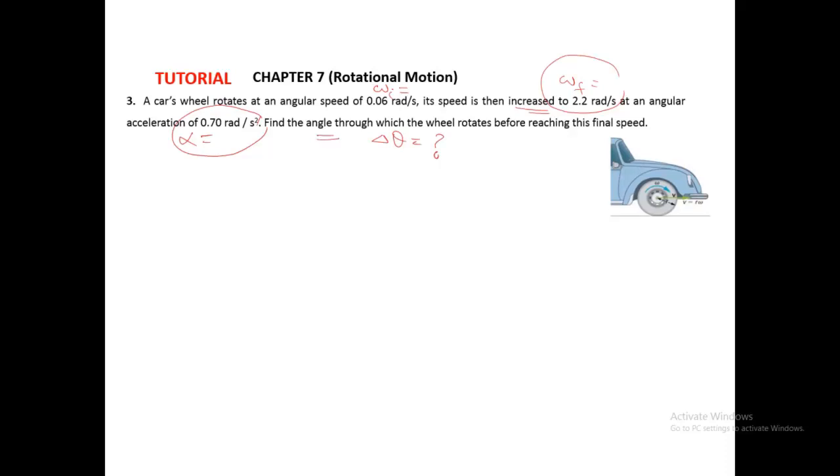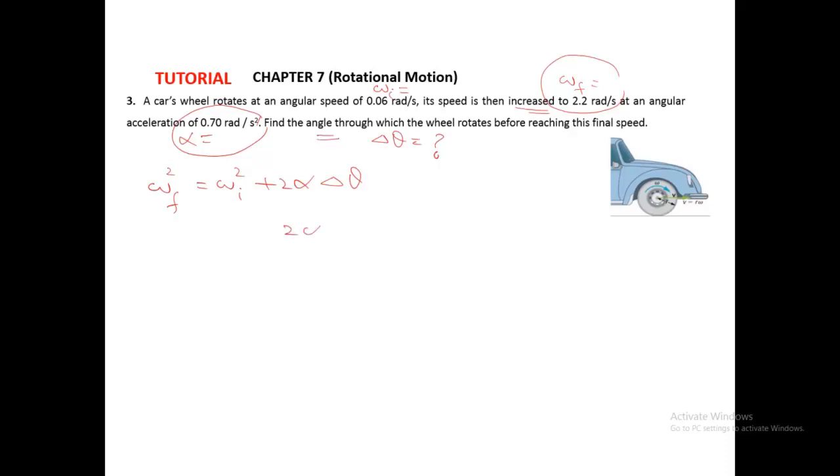We have the third equation of motion for angular motion, omega f square equals omega I square plus 2 alpha delta theta, right?